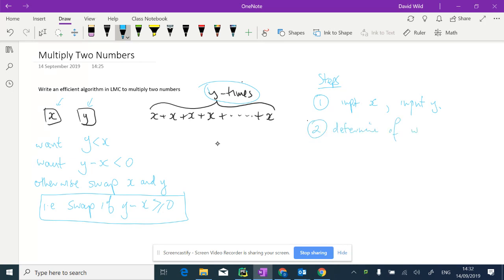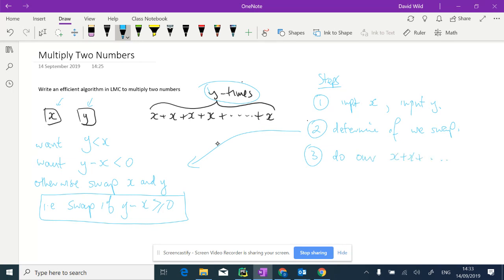Once we've done that, we can then use the same calculation each time. So we're going to do our x plus x, y times. Okay, that's what we're going to do.